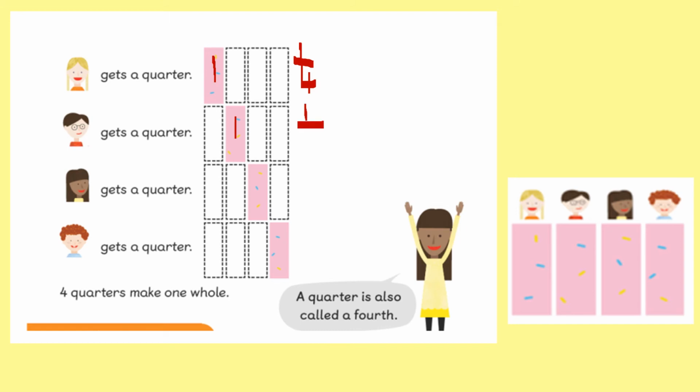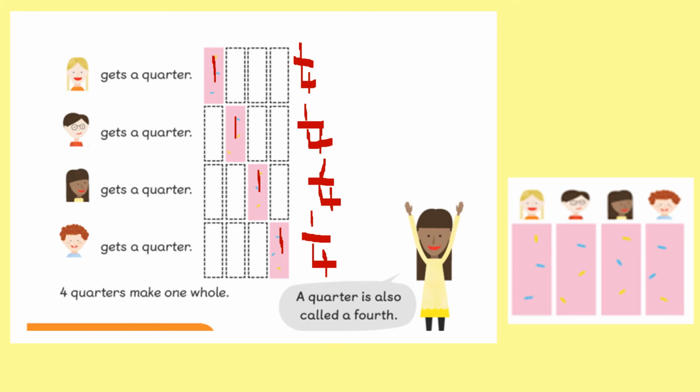He gets 1 piece out of 4. This young lady here, there's her quarter, her equal piece. So she has 1/4. And then look, the 4th boy has got his quarter, his 1 part out of 4. They've each got a quarter.